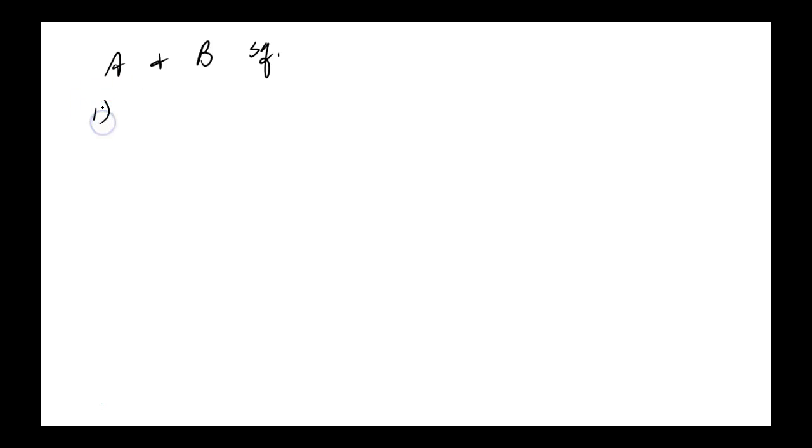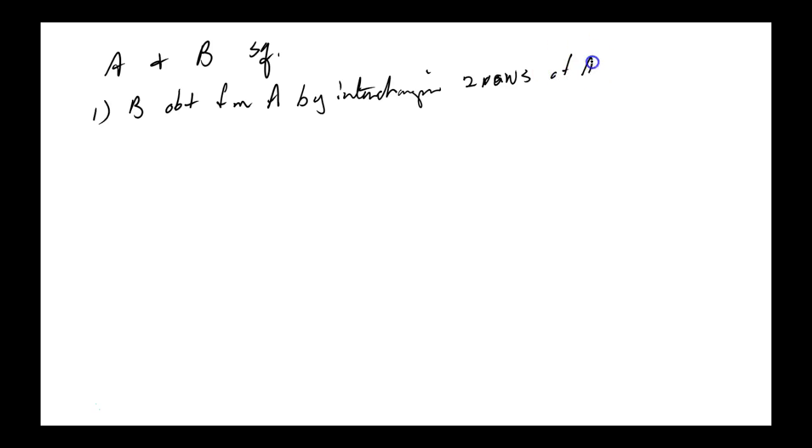So number 1, when B is obtained from A by interchanging 2 rows, no matter what size they are, they just have to be square and the same size, by changing 2 rows of A. That's all you're doing, changing 2 rows of A. Then the determinant of B is minus the determinant of A.